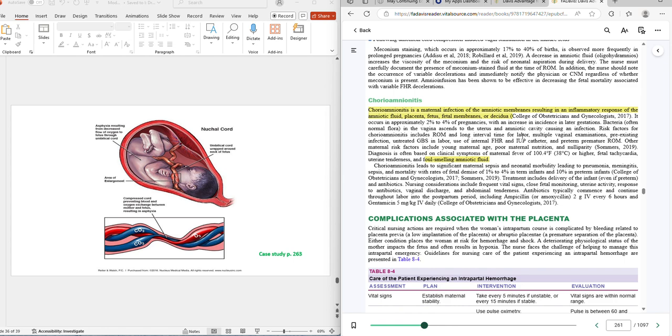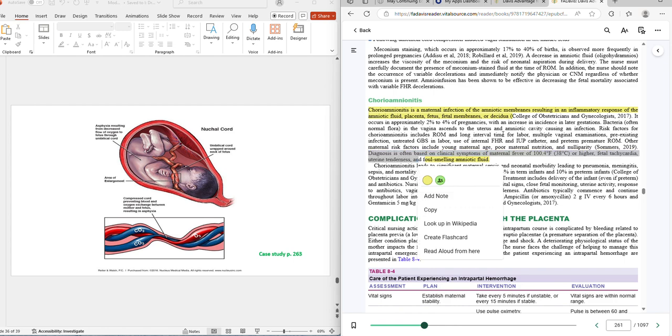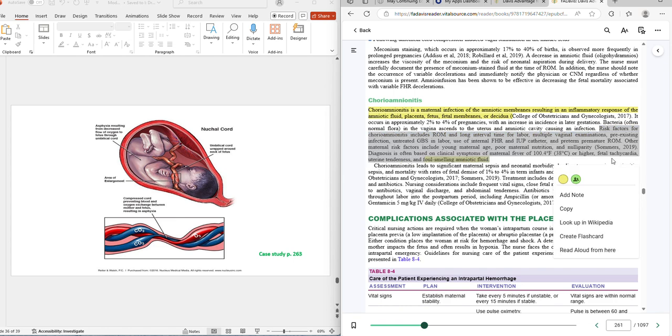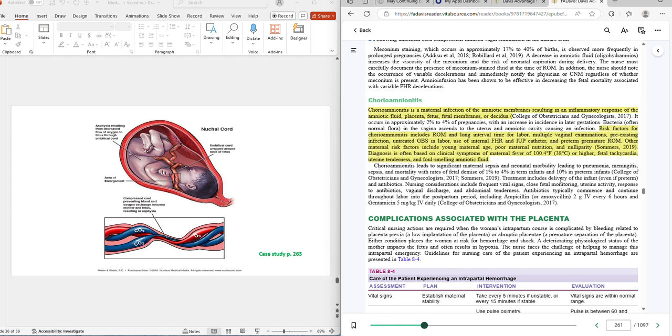If she spikes a temp, then we start to investigate, okay? So know these reasons right here, winks and lollipops, okay?